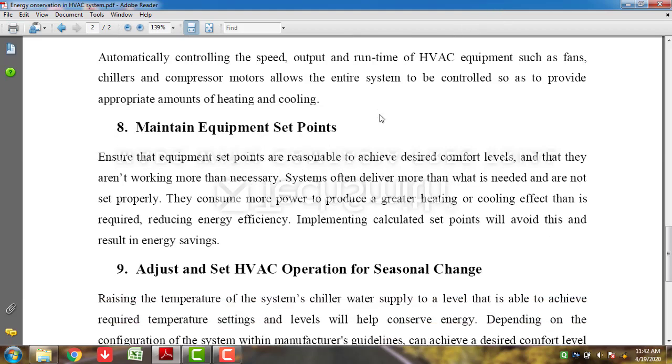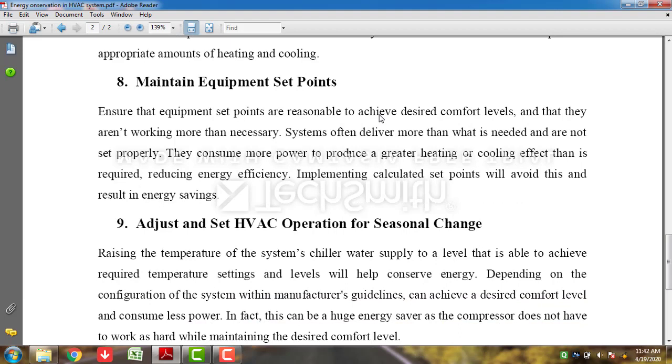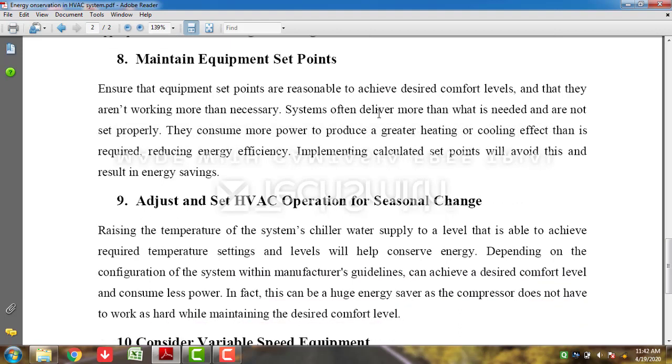Okay. Next point, maintain equipment set points. Now maintenance is one of the most important things in any scenario. You have to maintain things. Ensure that equipment set points are reasonable to achieve desired comfort levels.